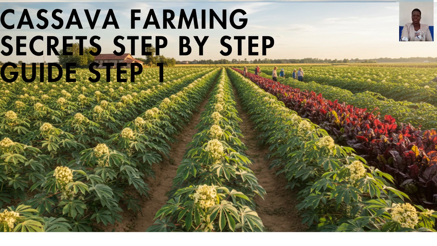The planting orientation also affects the establishment speed. Horizontal planting, that is laying stem cuttings flat in a shallow furrow covering with 5 to 8 centimeters of soil, typically gives the fastest emergence and most uniform multiple shoot development, though it requires more soil disturbance.